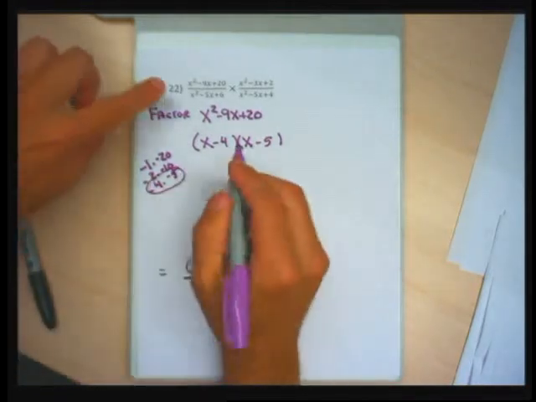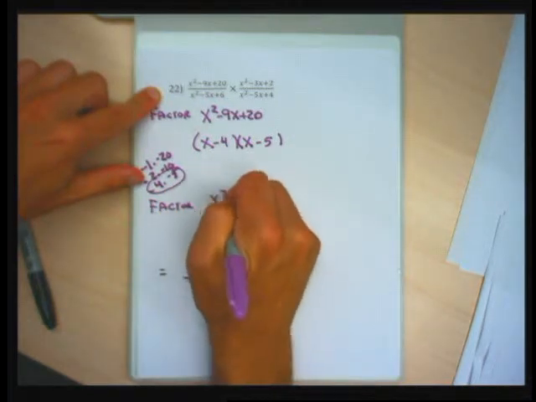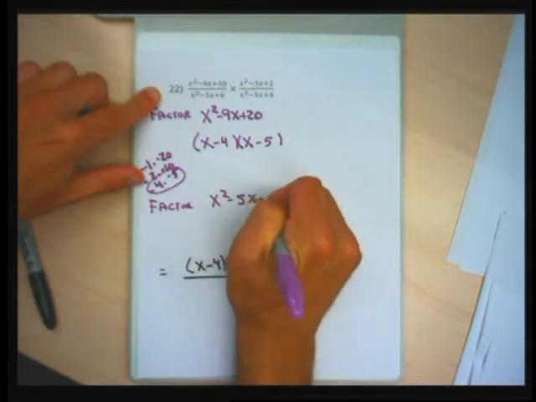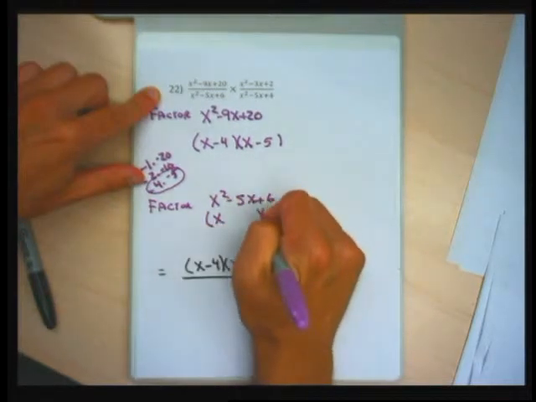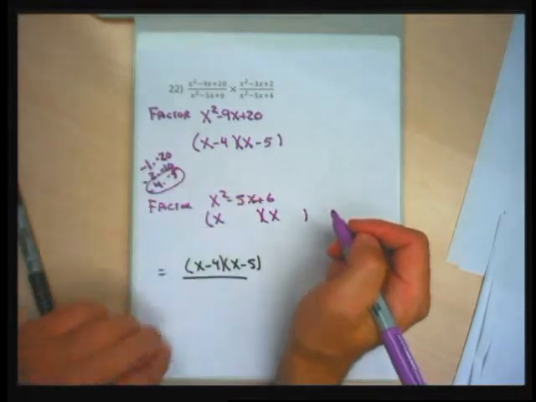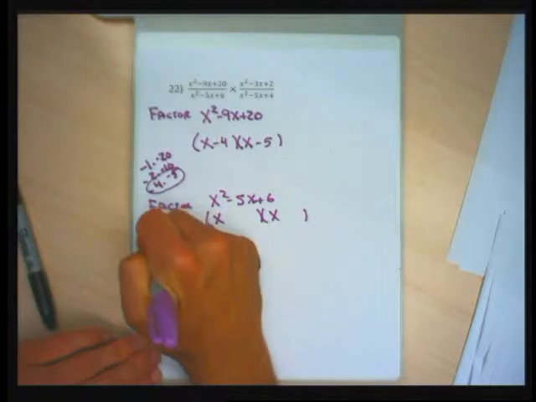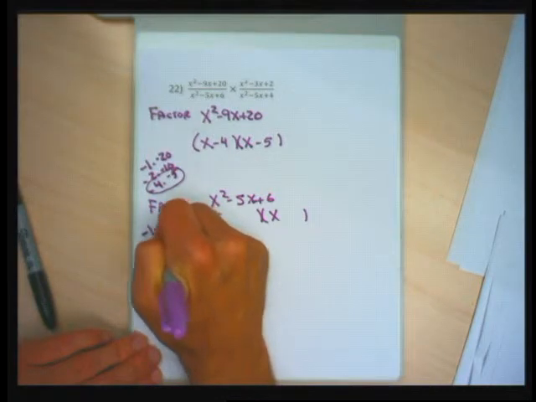Next thing I'm going to factor is x squared minus 5x plus 6. Again, I don't need bottoms up because there isn't a number in front of the x squared. My signs are minus and minus, which means I could have a minus 1 and a minus 6, or a minus 2 and a minus 3.